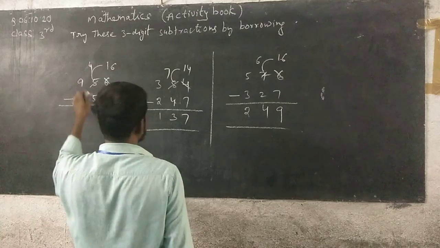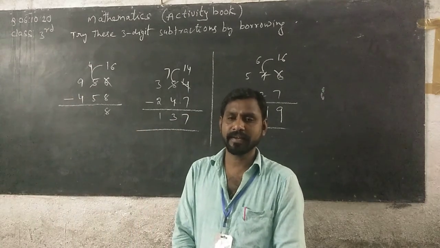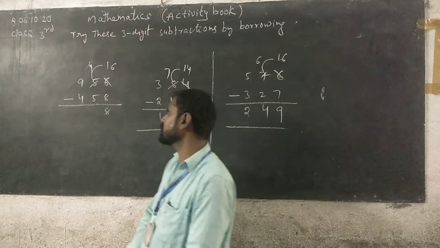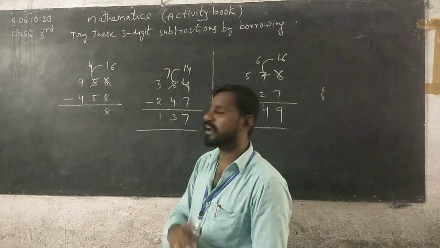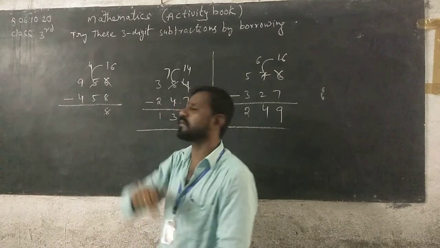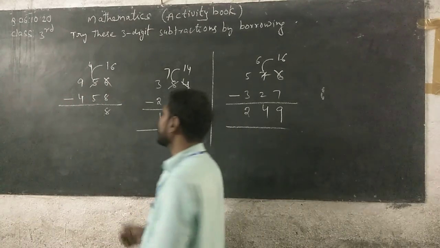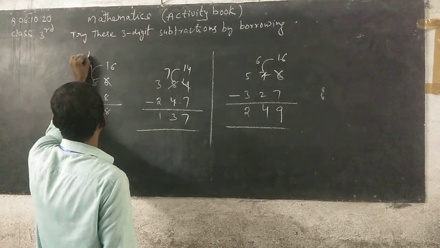Next, 4 minus 5. See, is 4 minus 5 possible? 4 is less than 5. Not possible. Again take borrowing from 9. 9 is in hundreds place. It can give 10 to 4. So here 10, 10 plus 4. What do we get? 10 plus 4, 14.